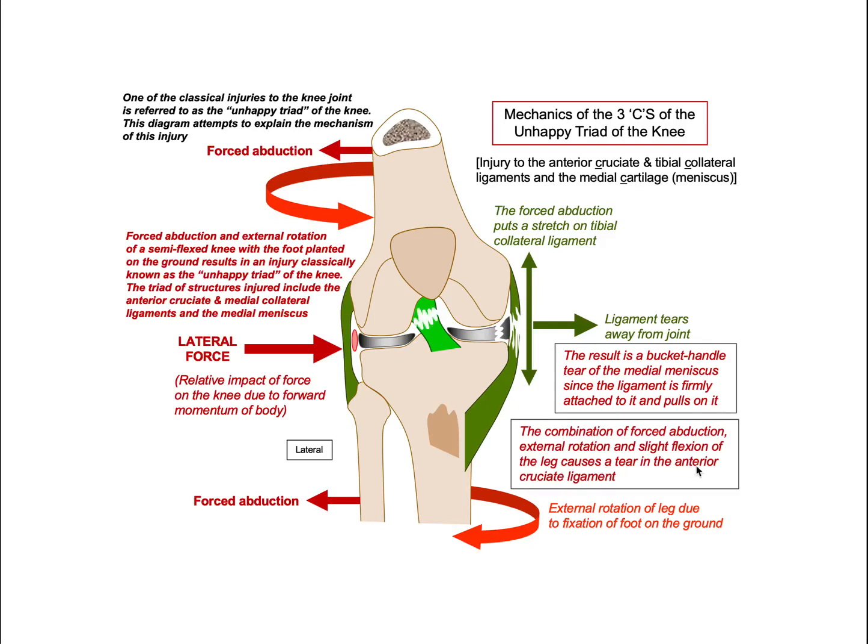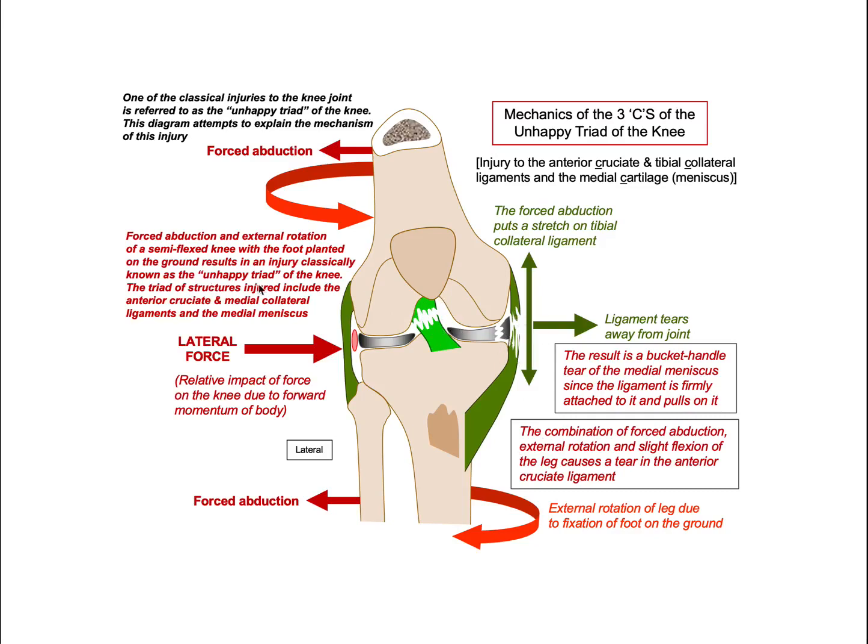My ACL. So ACL is gone. And what are the factors responsible for this ACL tear? Never forget: forced abduction, external rotation, slight flexion of the leg, and they cause all this. These are the keywords which bring injury to this. So this is gone, this is gone, this is gone.